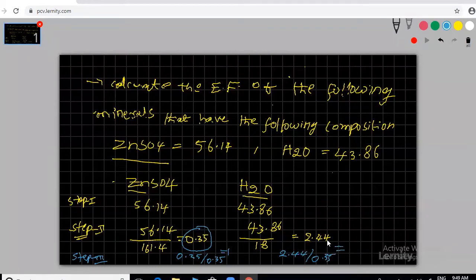Can you solve? 7. Okay. Then the final formula of the mineral is ZnSO4·7H2O. This is the formula. Yes, 6.98, you can take 7.